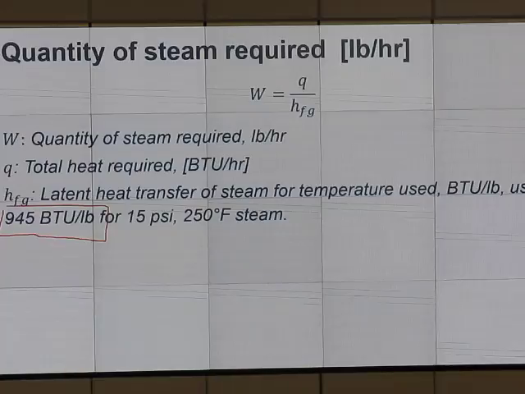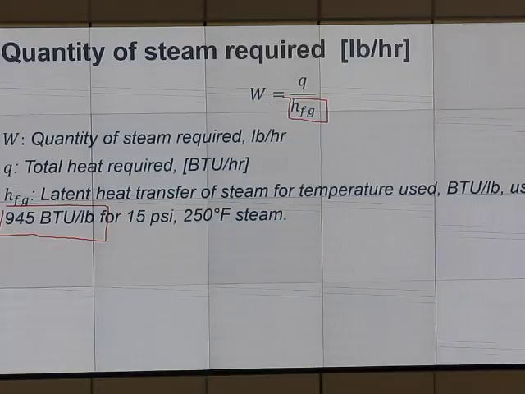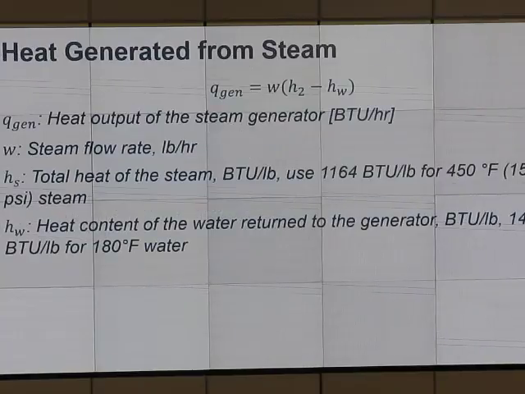The total heat required divided by that gives us pounds per hour. So every pound contains about 900 or 945 BTU. Use these two equations together, then we will know how much we have to heat.